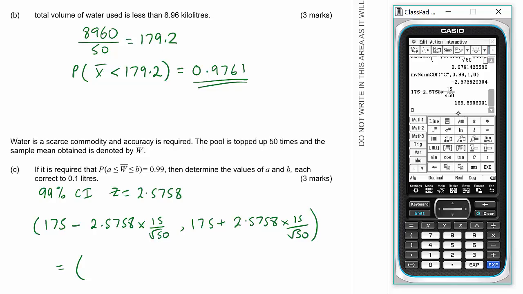That gives us 169.5, and then we want the same thing, but with just a plus there instead. And that's 180.5 to the required degree of accuracy.